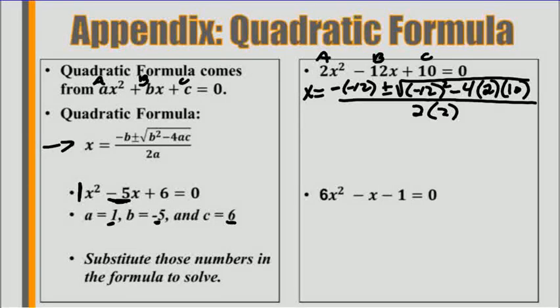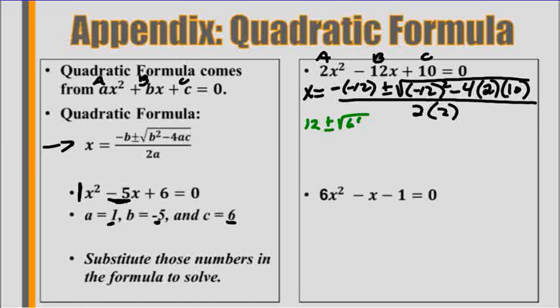So simplify, I have 12 plus or minus; -12 squared is 144, minus 4 times 2 is 8, times 10 is 80. So I have 144 minus 80, which is 64.